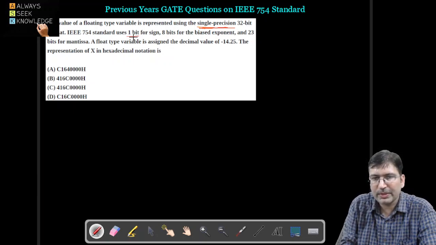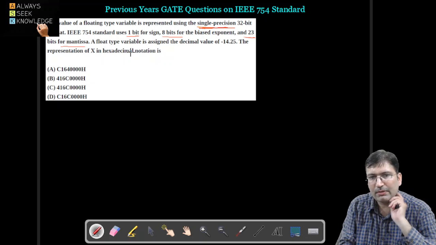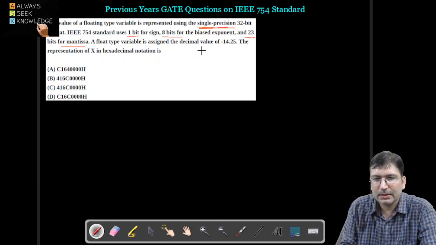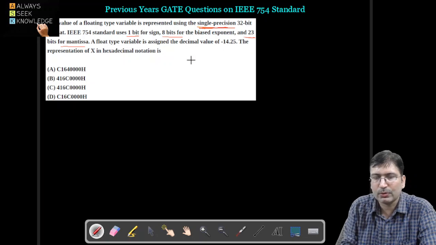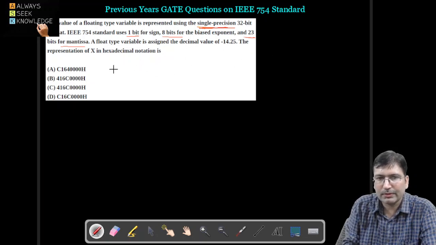They are also mentioning 1 bit for the sign bit, 8 bits for the biased exponent, and 23 bits for the normalized mantissa. A float type variable is assigned. The decimal value of that float type variable is minus 14.25.